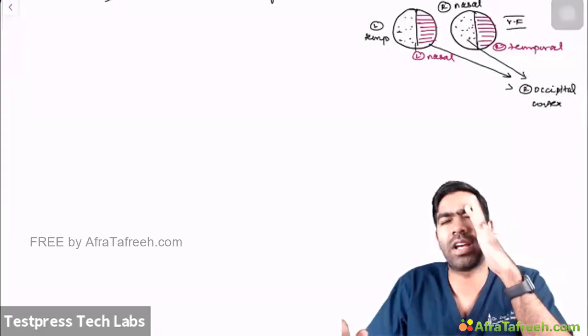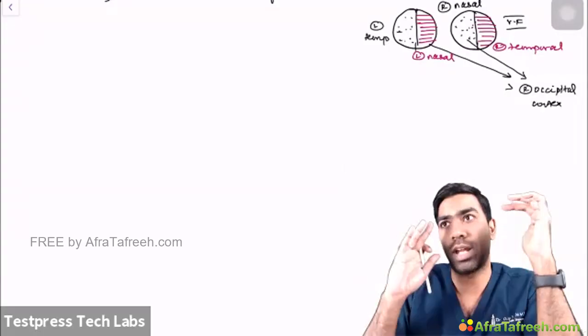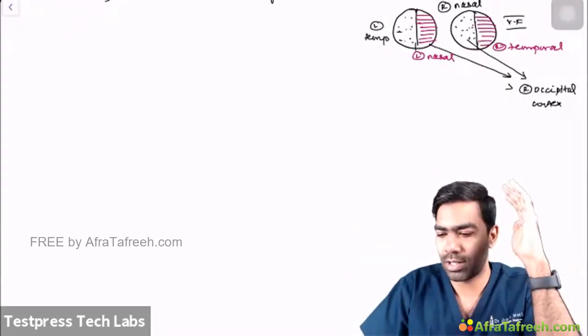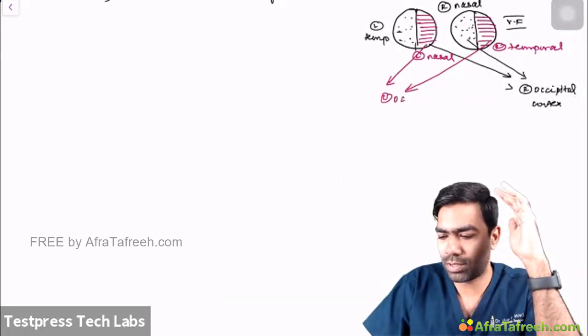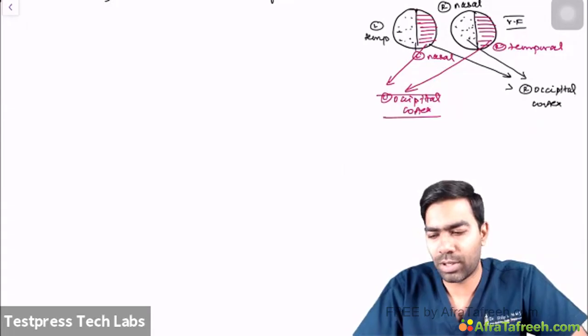So the left eye nasal field and the right eye temporal field look on the right side. These two fields have to go to the left occipital cortex. That's all. This is a very simple view, and that's how your fibers are also arranged.